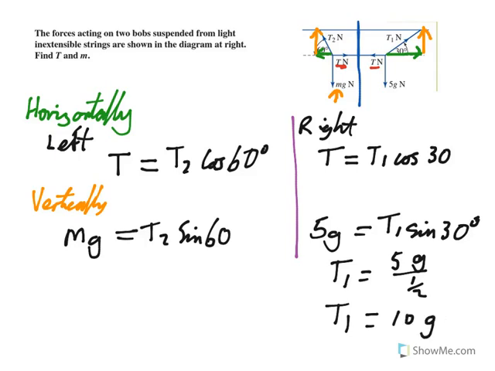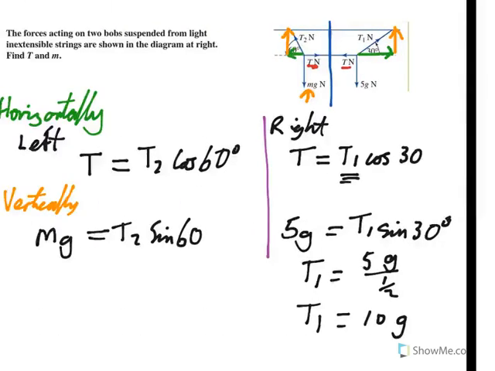Now, of course, T1 is 10g and T1's here, so we can then substitute into that and get that T is T1 cos 30.